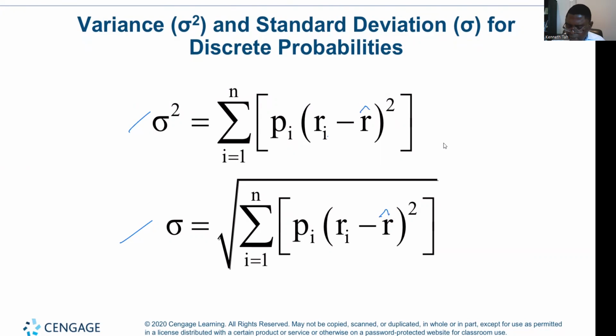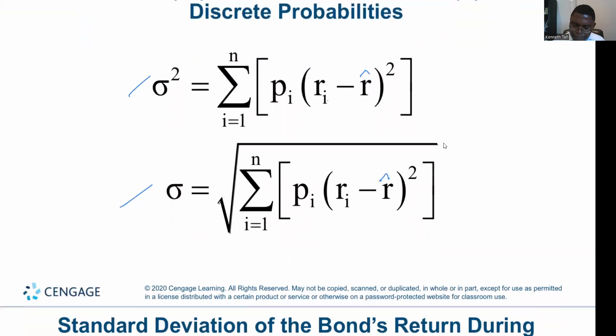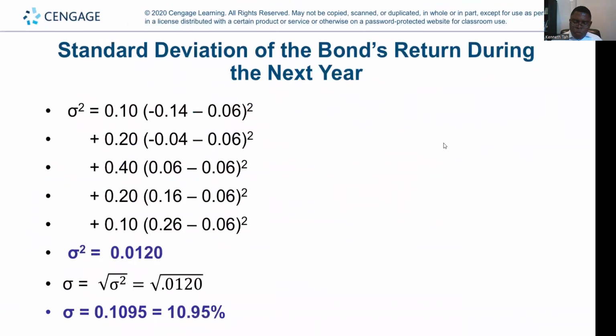We take each return minus the expected return that we calculated before, squared, times the probability, and then we sum them up. That is the variance, and taking the square root gives the risk measured by the standard deviation. So this is how we calculate it.